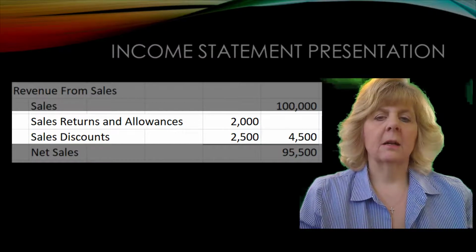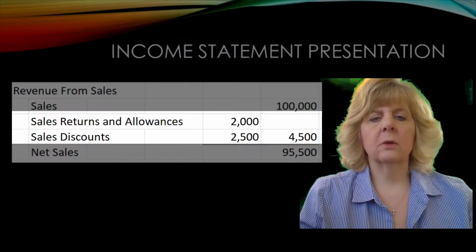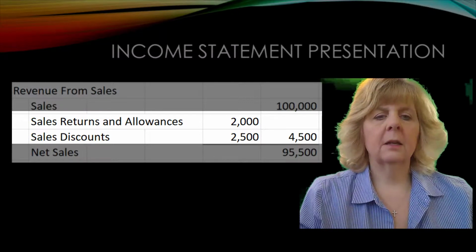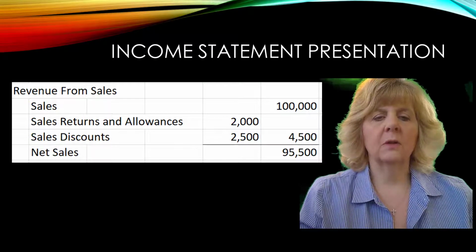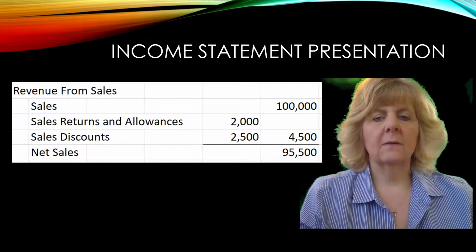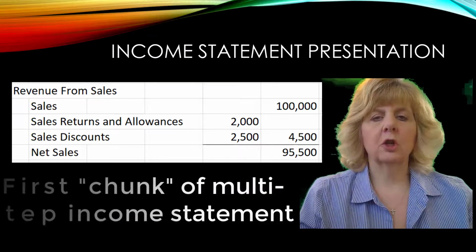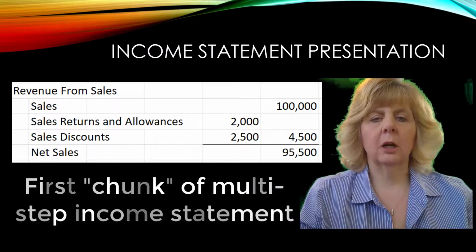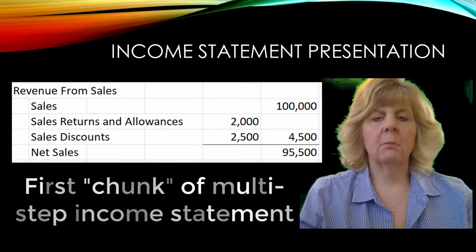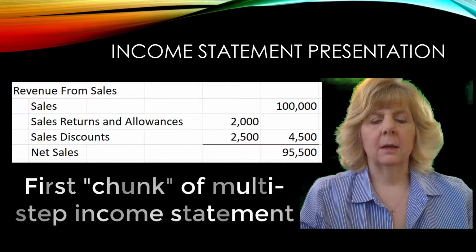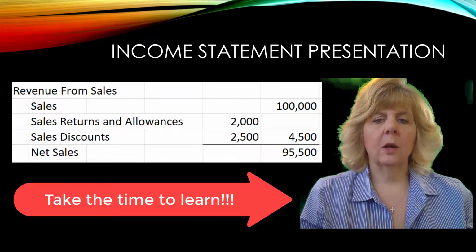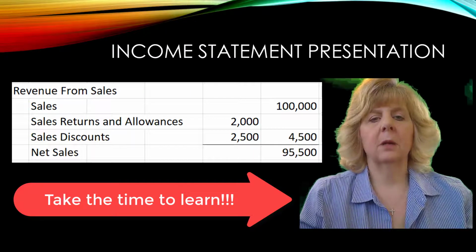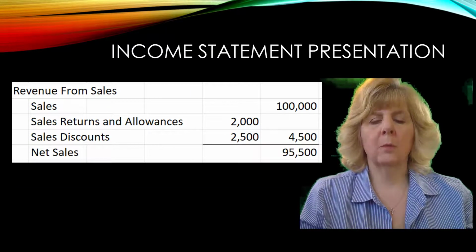This means that there were $4,500 of offsetting amounts, which took the sales down from $100,000 in gross sales to net sales of $95,500. This is how the first chunk of your income statement will look when we later create a multi-step income statement. It's important that you learn these chunks by chapter so that when we do hit the multi-step income statement, it won't seem so overwhelming.